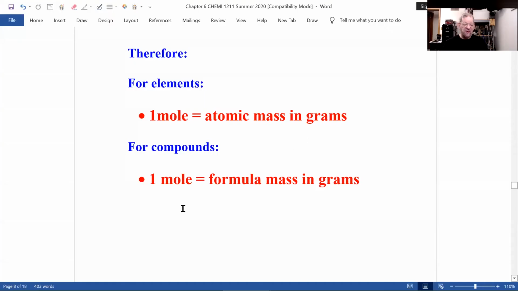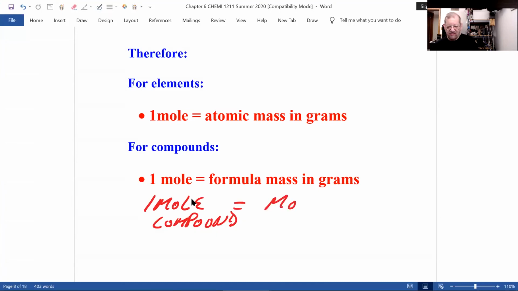What that also means is 1 mole of a compound equals the molecular weight, also sometimes called formula mass.